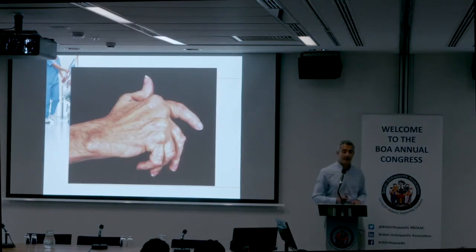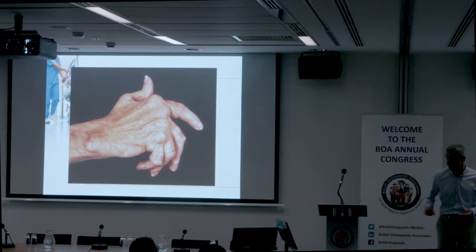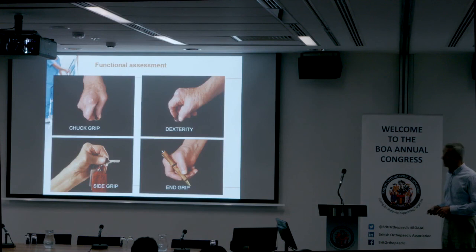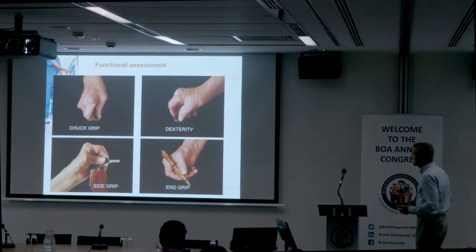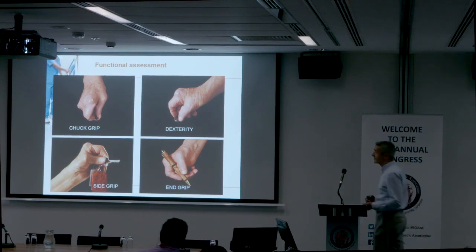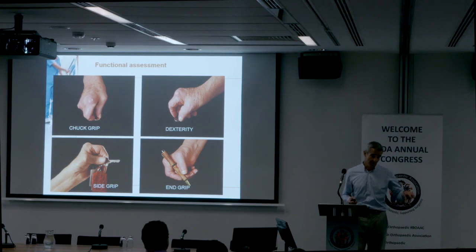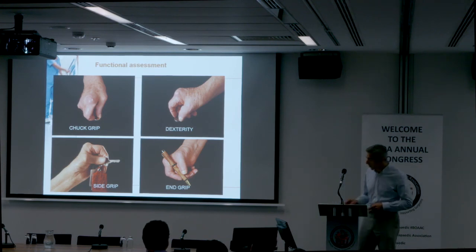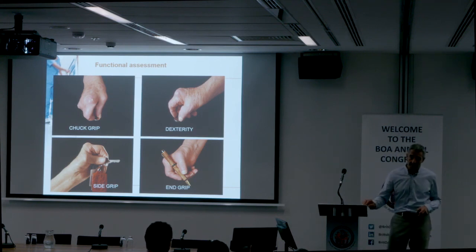The other important thing that you may be asked to do is not just give a diagnosis, such as here, but you might be asked to do a functional assessment of the hand. So you have to have some tools available and ready to do this. You need to have a coin, a pen, and a key. The coin is useful to assess not just chuck grip, but also when you ask the patient to pick the coin from the table, it requires a degree of dexterity, which you can assess.